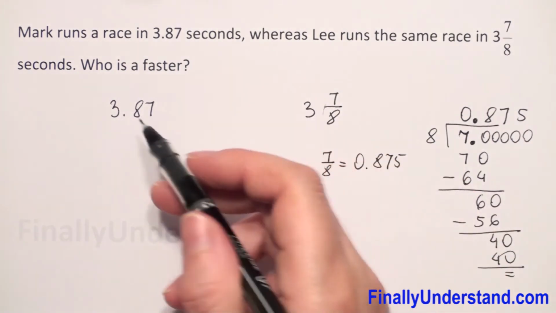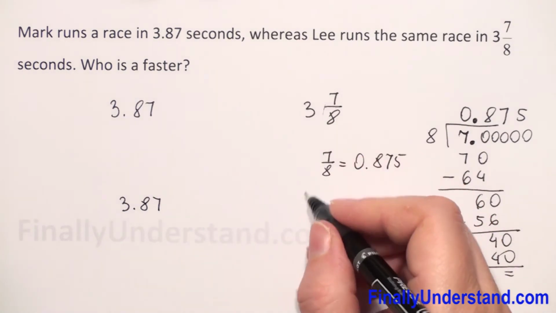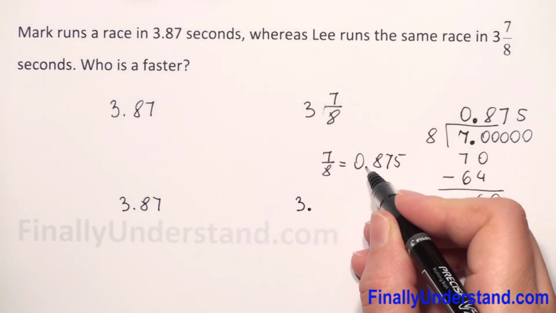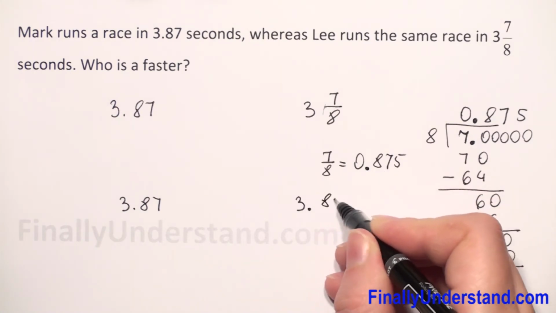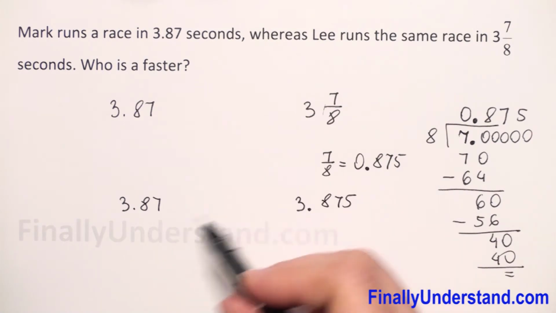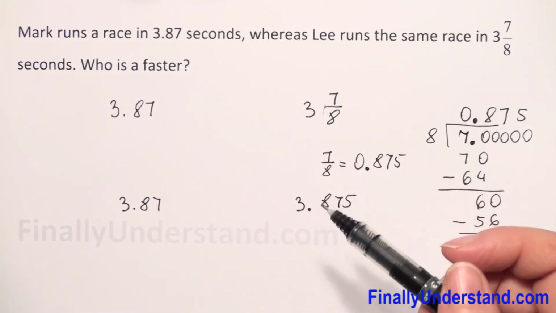So let me copy the left side. We have 3.87, and on the right side we have to copy the whole number 3, the decimal point, and after the decimal point we have 875. And now we have to compare these two numbers and we will see who is faster, Mark or Lee.